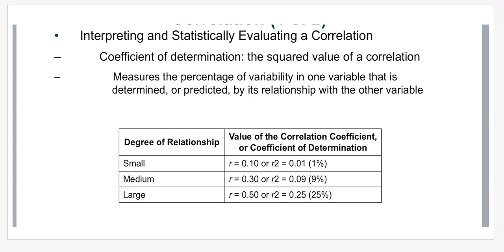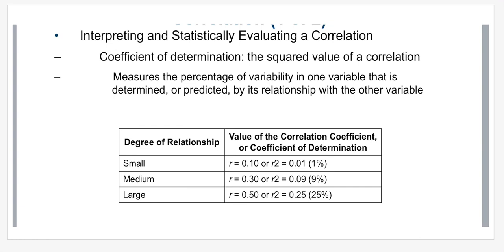If we square that, you see the R squared there, that equals 0.01. So what that means is, with a correlation coefficient of 0.1, we can say that 1% of the variability in one of the variables can be predicted by its relationship with the other variable.